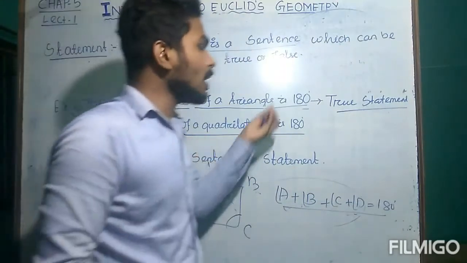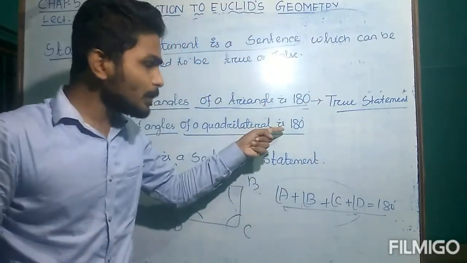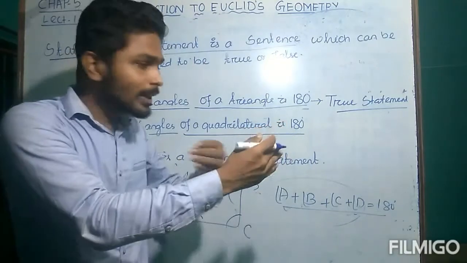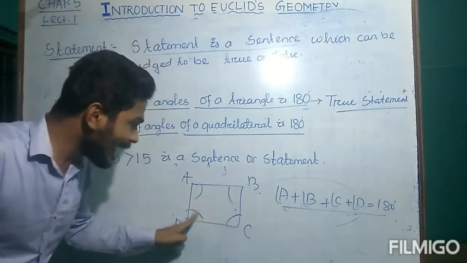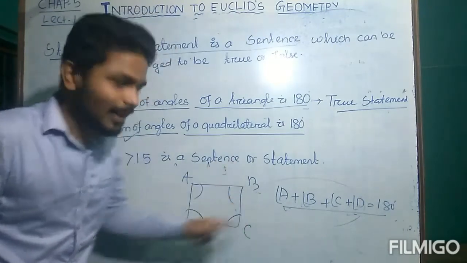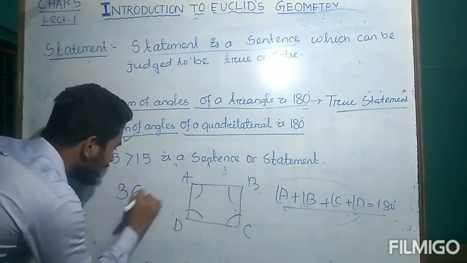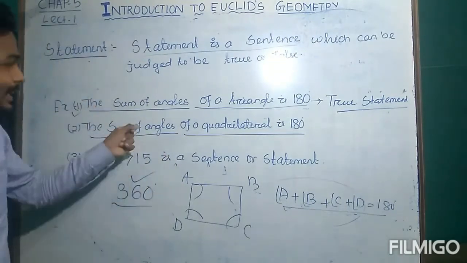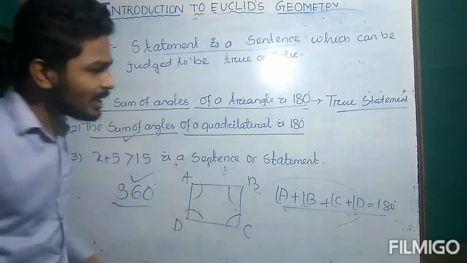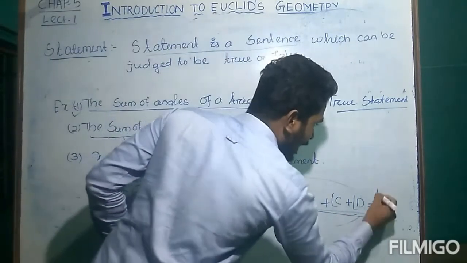As I have told you, in order to be a statement, it needs to be judged whether it is true or false. As you know, the sum of all the angles of a quadrilateral is always 360 degrees, but here in this sentence it is given as 180 degrees.